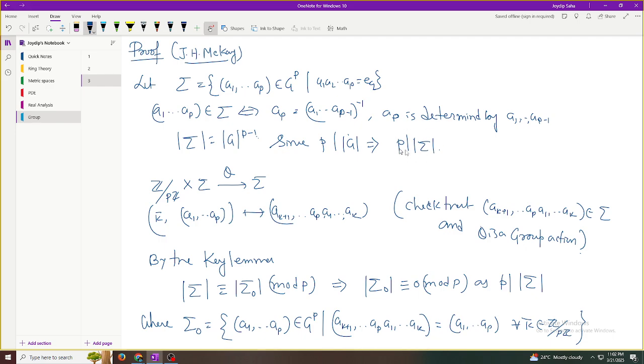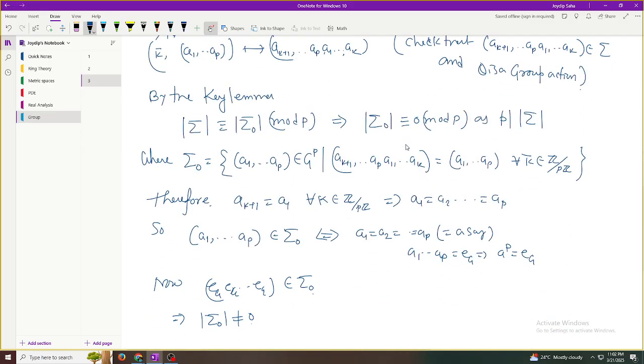I already proved that p divides sigma. So sigma 0 is not equal to 0, and p divides the cardinality of sigma 0.